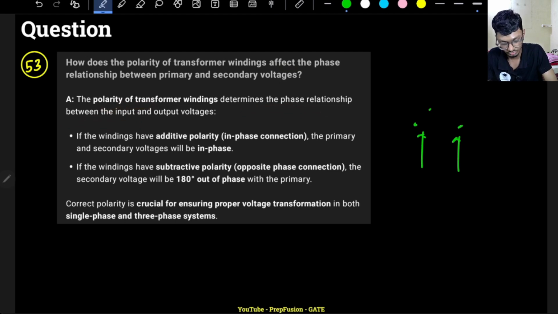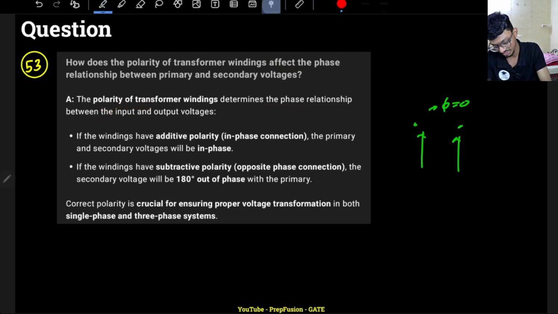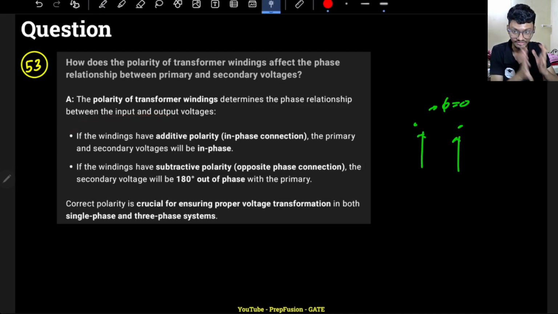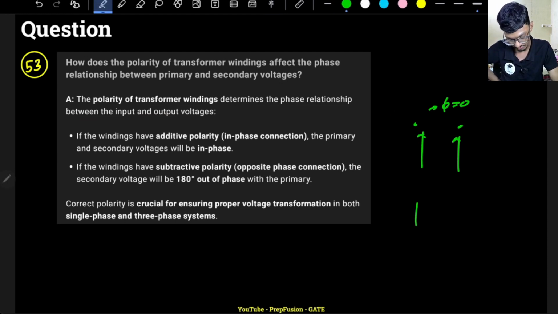So the phase difference between them will be 0. If the connections are proper, they will be in phase, else they will be out of phase by 180 degrees. So if this is increasing, then the voltage in the second coil will decrease.